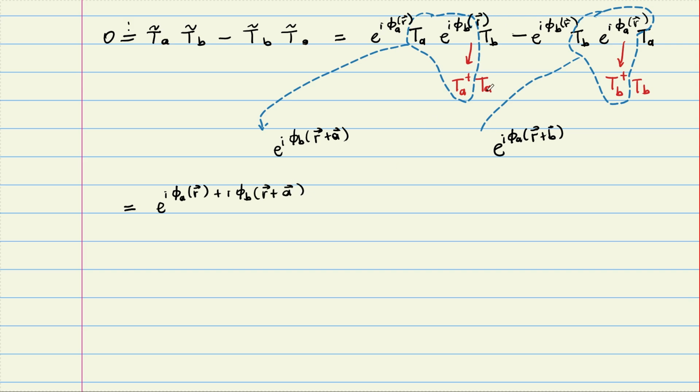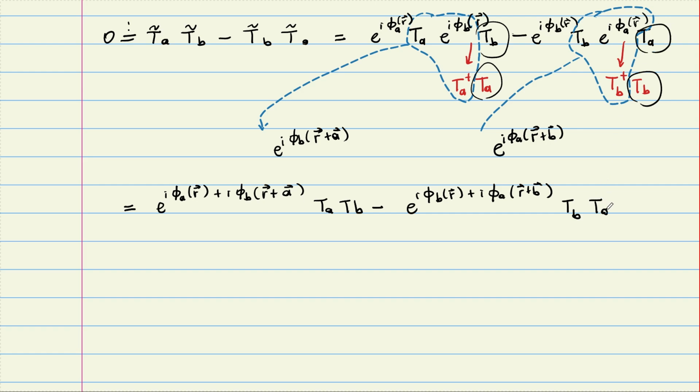and what is left is T_A and T_B. So this is T_A T_B minus e to the i phi_b of r plus i phi_a of r plus b, and this is T_B, and then lastly T_A. And T_A T_B, okay, let me write one more line.